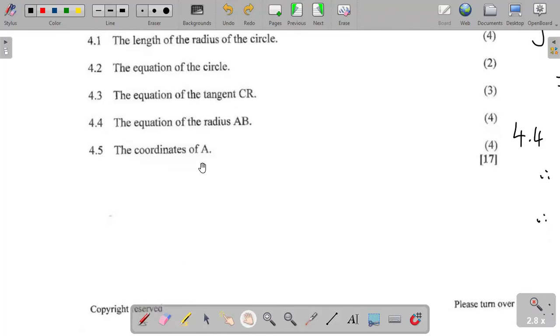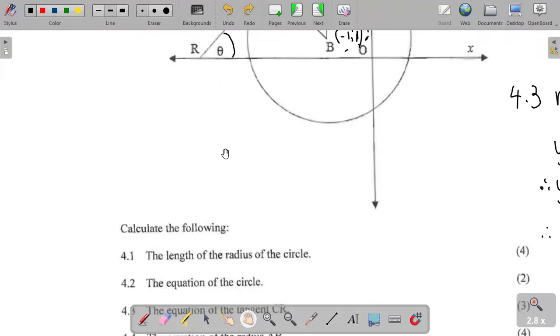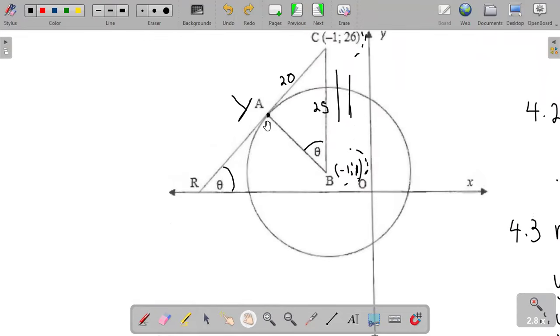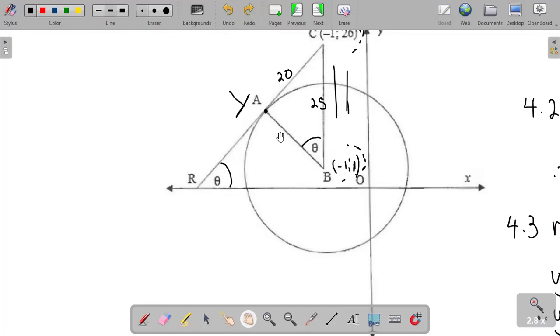The coordinates of A. We want the coordinates of A, because A is where the two lines intersect each other. Okay, so we can equate the two lines to get the x values.